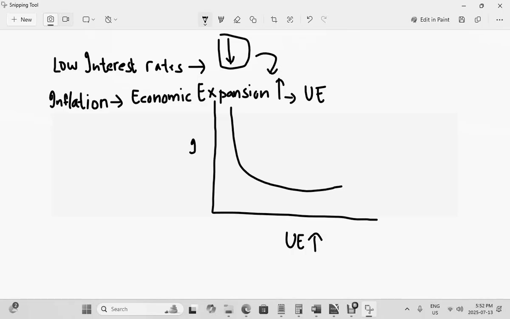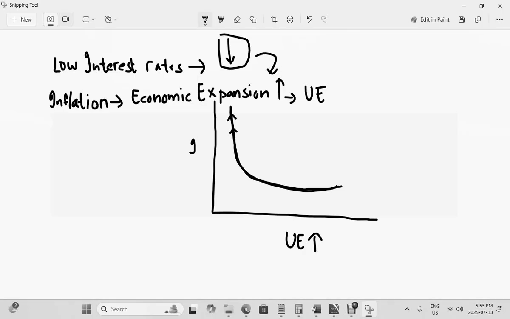As the interest rates go down, you will have movement along the curve towards the left, which means this is the movement over here. And we know that inflation is going high. So you have high inflation because of economic expansion, let's say because the central banks or the Federal Reserve Bank may be buying bonds and may have low interest rates, as a result of which inflation is high.